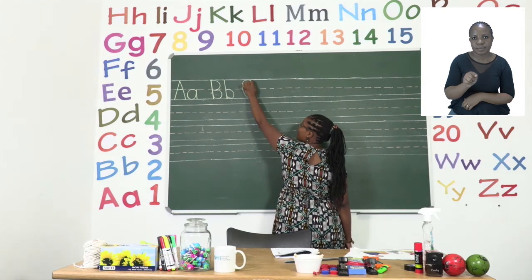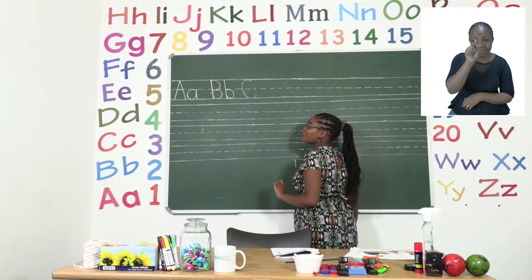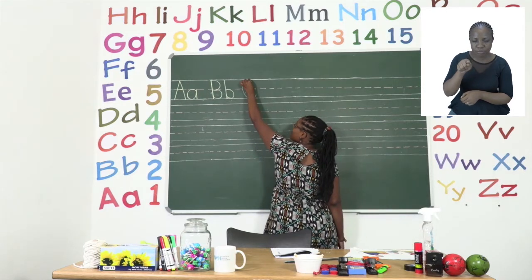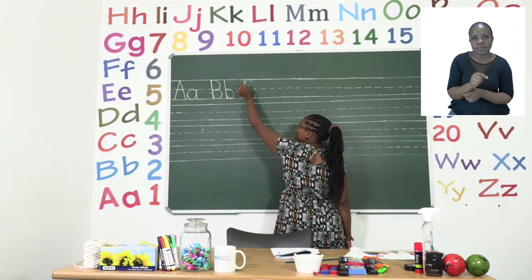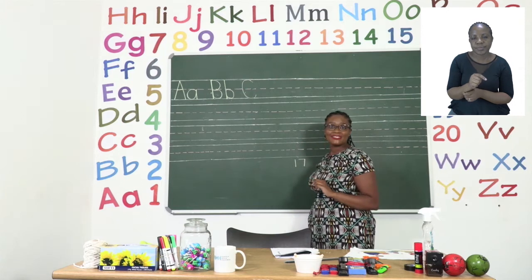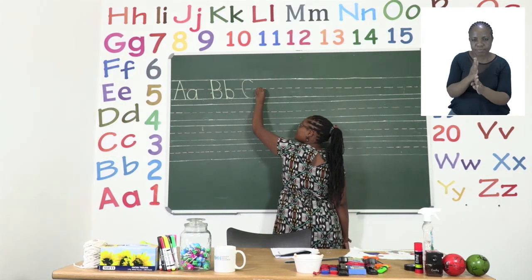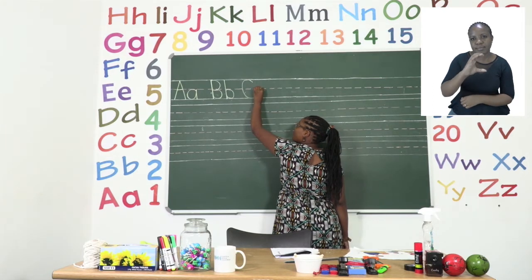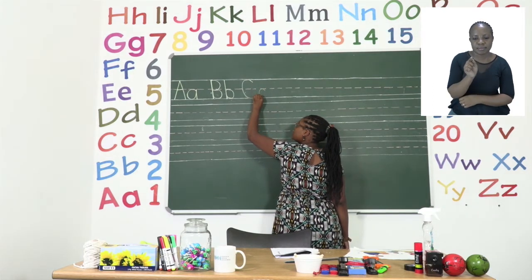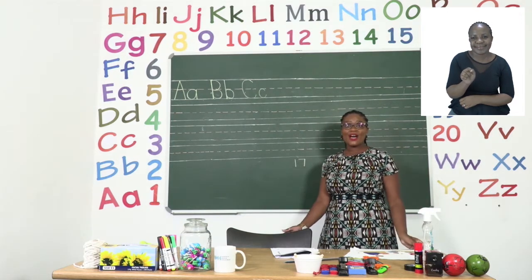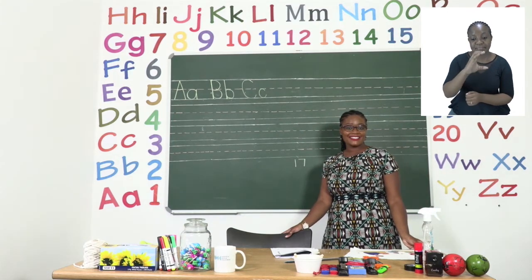Remember that the head and the tail need to be in the same place. Let me just fix this one. There we go. That's a proper C now. And now let's make the small c. Let's go round, stop. And there we have our small c.